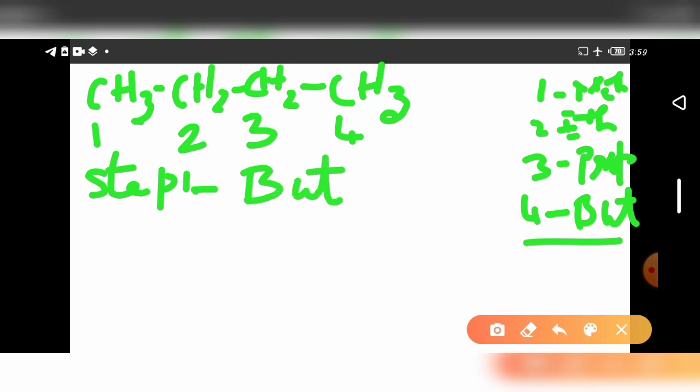Next is step 2. In step 2 you check whether it is a long chain or side chain, or a double bond or triple bond. So you have to draw the structure.